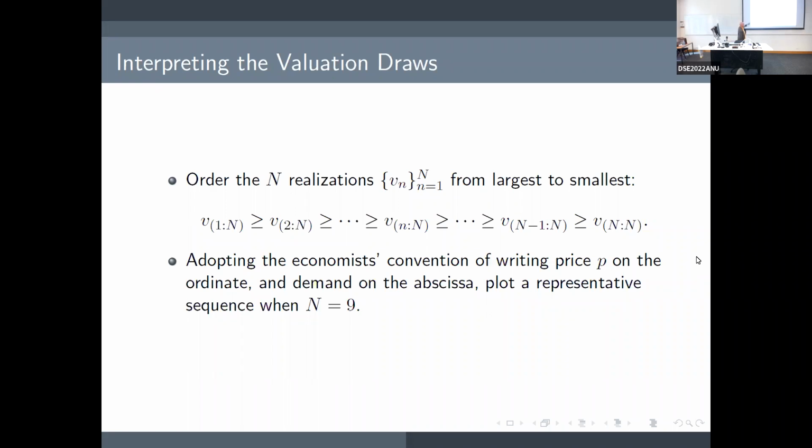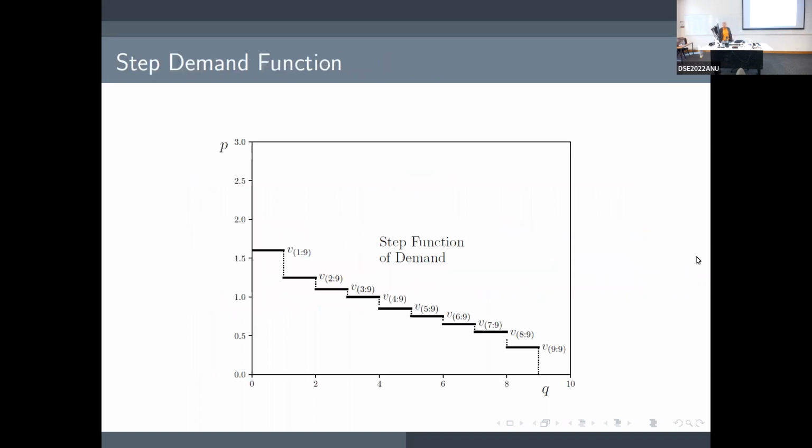Here, imagine what this would look like when N was 9, where you get this little step function of demand. You can kind of see, if there was one object for sale, then the price that cleared it would be someplace between the second and the first order statistics. If there were 5 units for sale or 6 units for sale, it'd be somewhere between those adjacent order statistics.